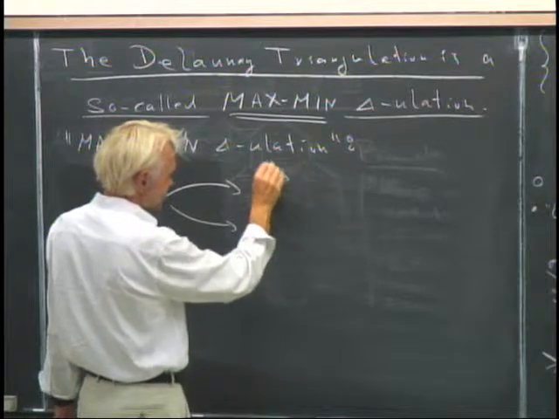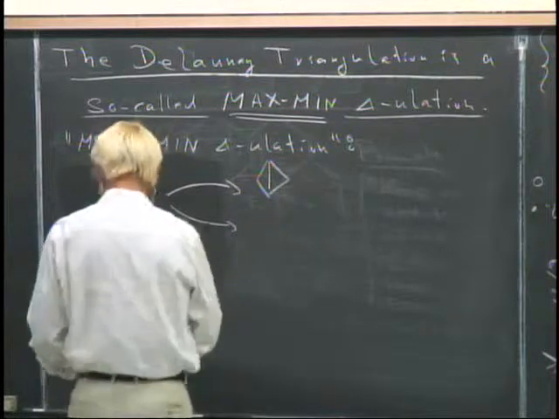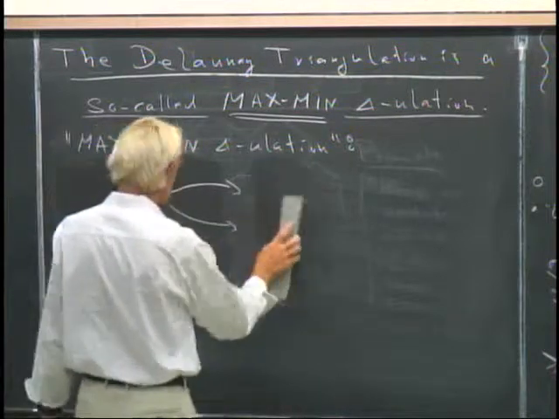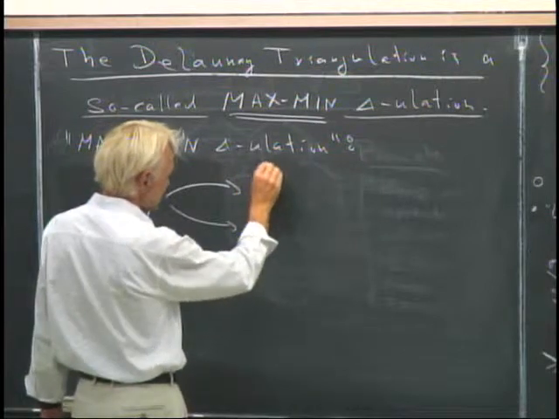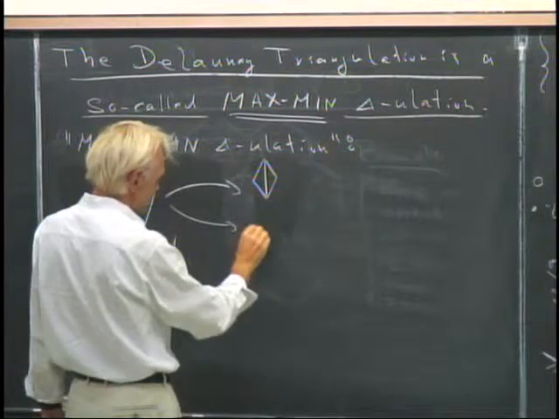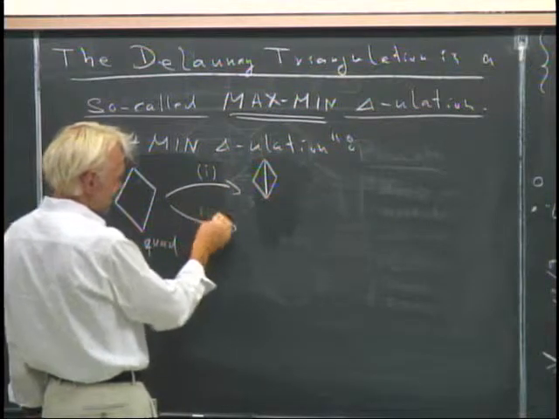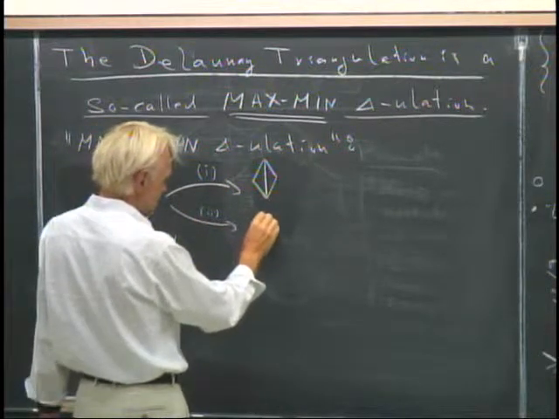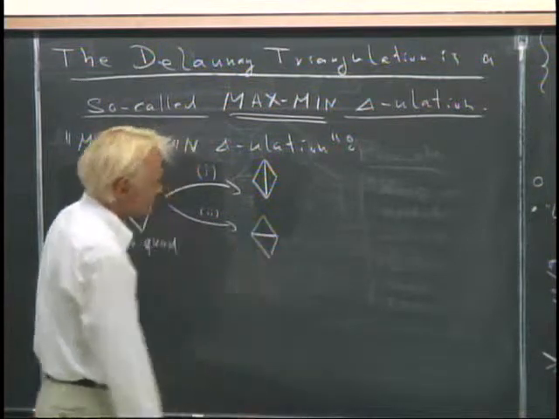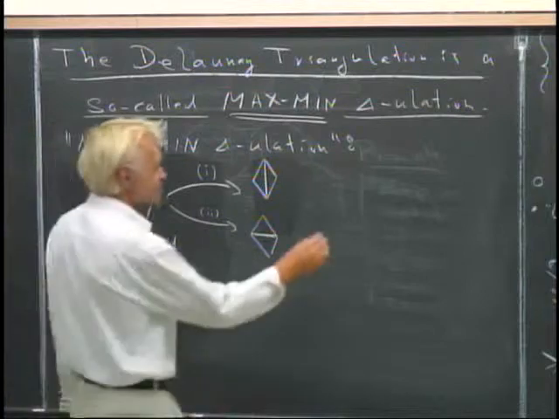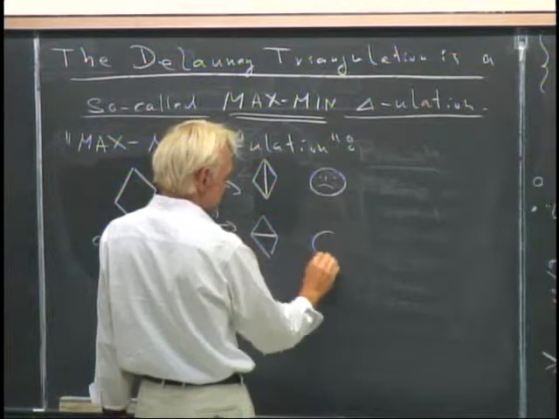I can either triangulate it like that, or I should draw it more extremely, I can triangulate it like this, or I can use option 1, or I can use option 2. There are only two options, right? Like that. And the answer is this is bad, and this is good, right?